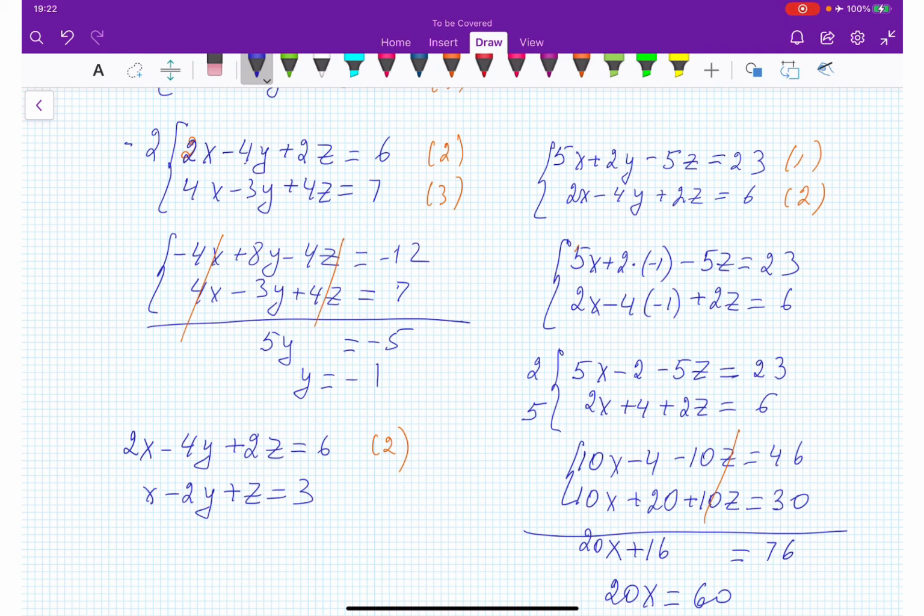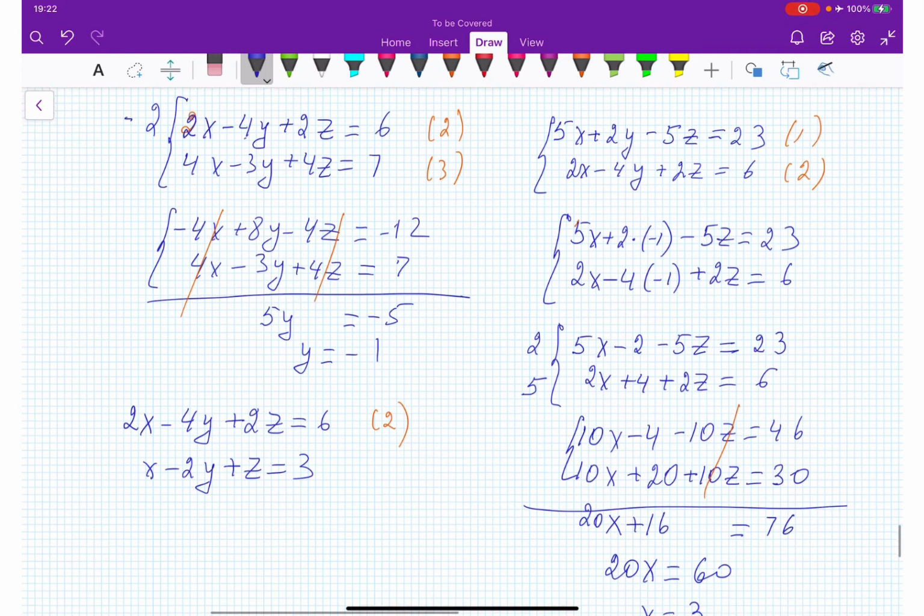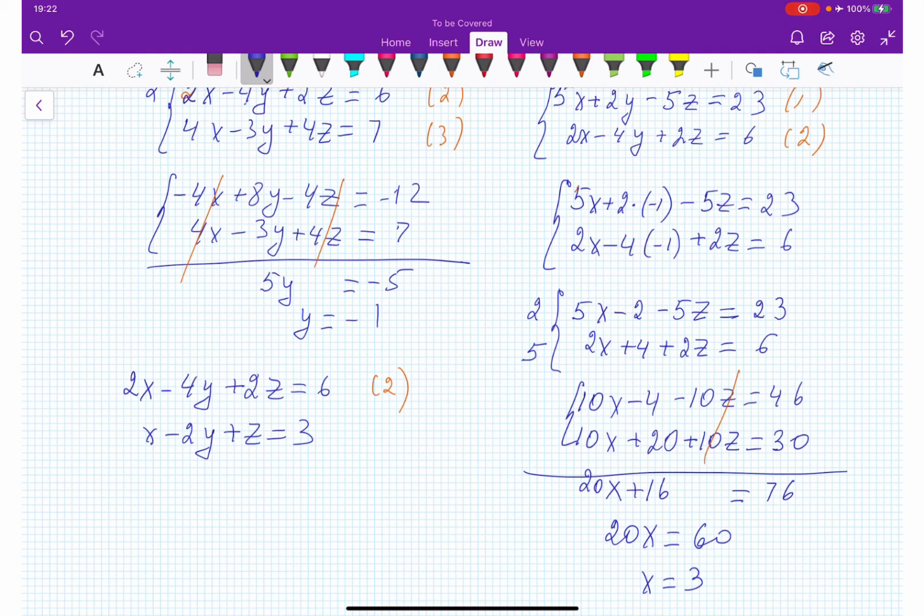See? And it's going to be easier to work with because all I am going to do is plugging x will be 3 minus 2 times negative 1 because y is negative 1. Here it is. Okay. And plus z. Z is the one we need to find. So 3 plus 2 plus z is equal 3.